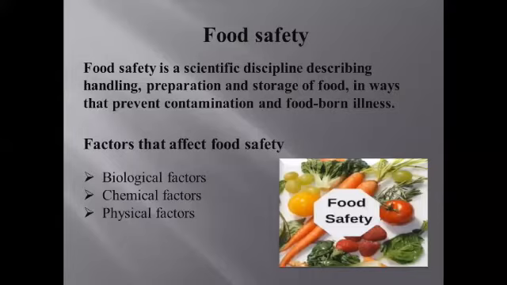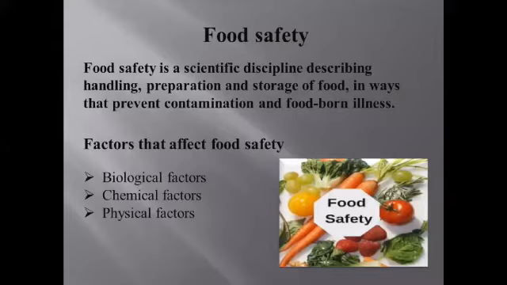Where will it happen? In transportation, sometimes in storage, sometimes in preparation. In these three situations we can get these physical factors. They are also telling, for example, that spoiled food can give rise to vomiting and diarrhea. If we consume that, we feel this kind of harmfulness to the body.